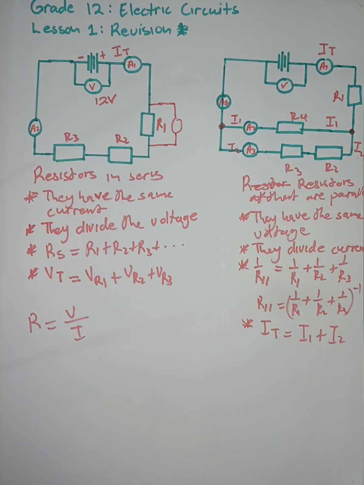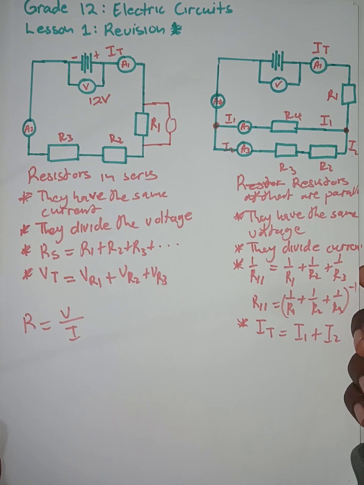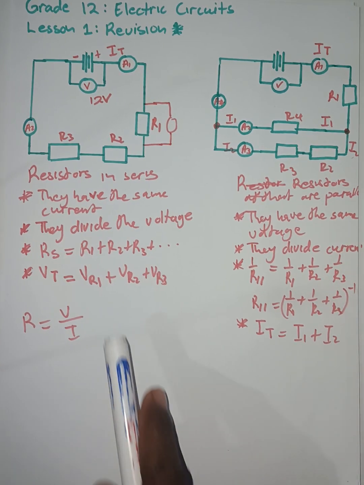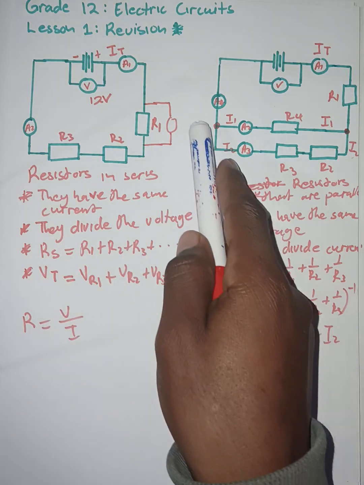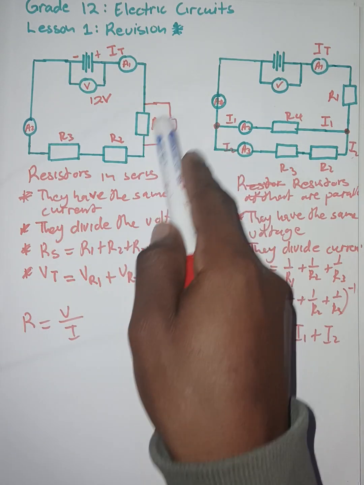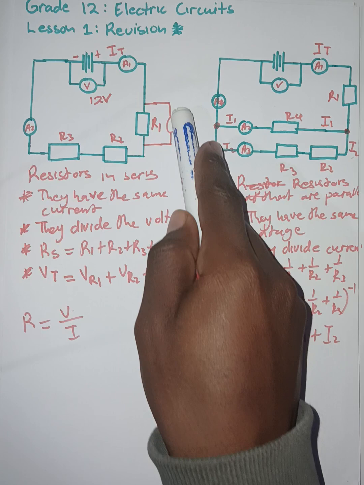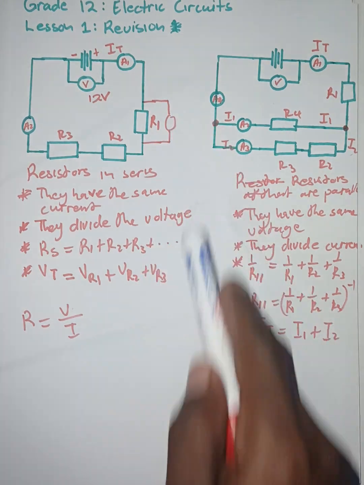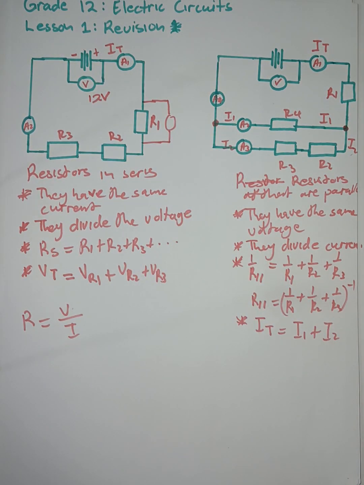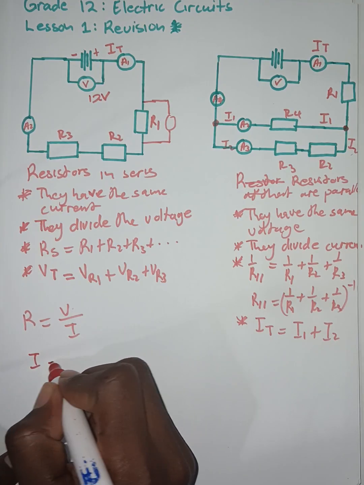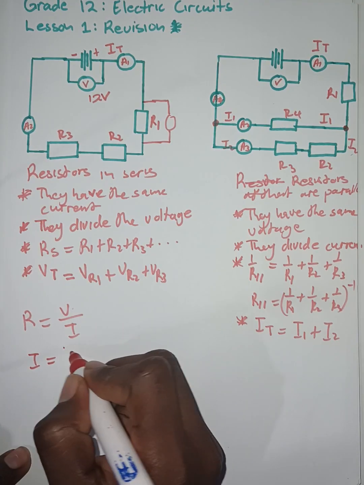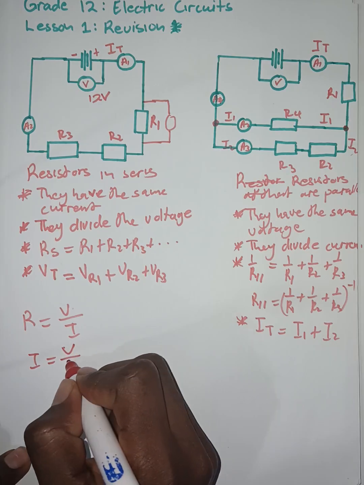So one important thing that you need to note is that whenever you are using Ohm's law, suppose you decide to take the voltage across R1. Let me modify this formula again and take the current as the subject of the formula. So I equals V divided by R.